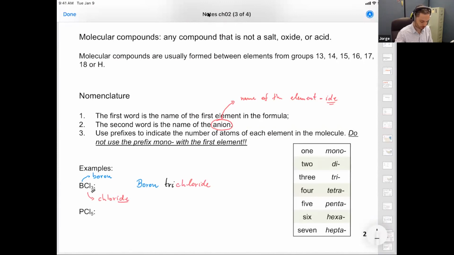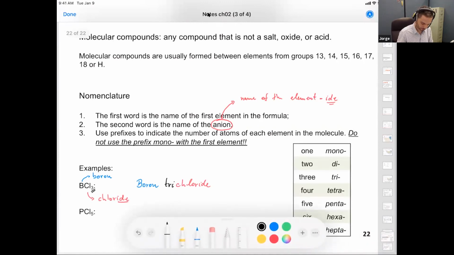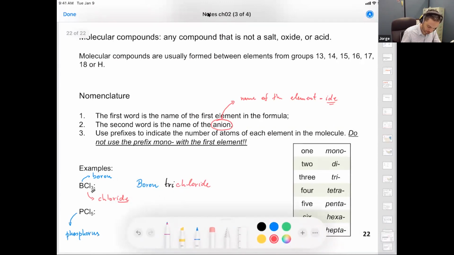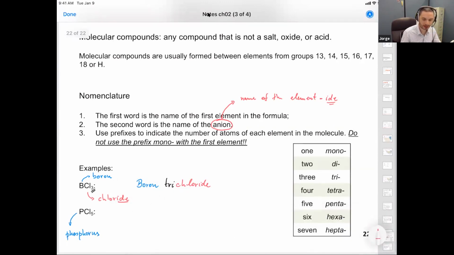Second example here, PCl5. Let's name this compound. First element in this formula is phosphorus. And phosphorus is bonded with Cl minus. And Cl minus is called chloride.